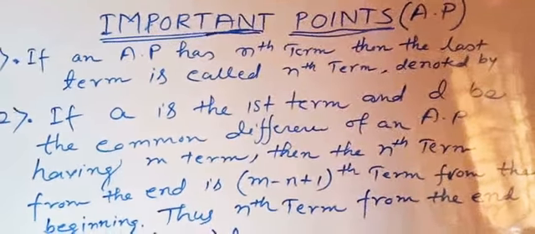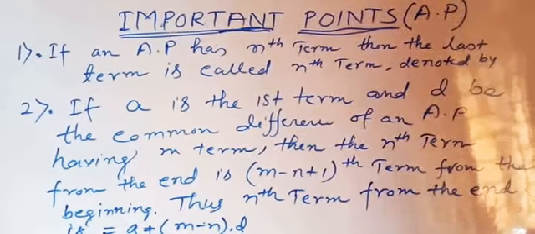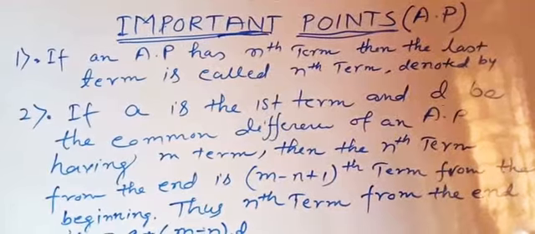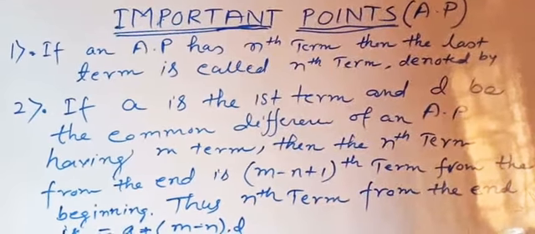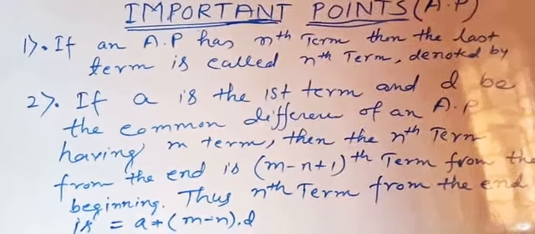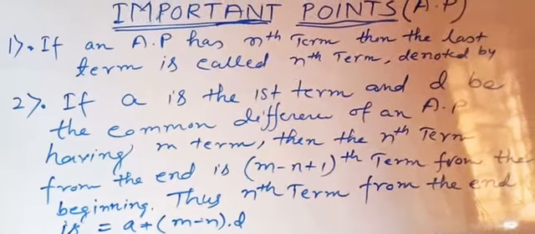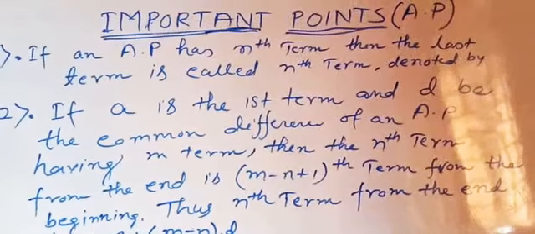Now, as I stated earlier, there are some important points related to arithmetic progression. The first point: if an AP has n terms, then the last term is called the nth term, and it is denoted by Tn. Okay.